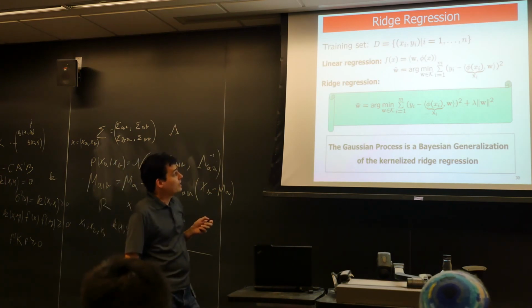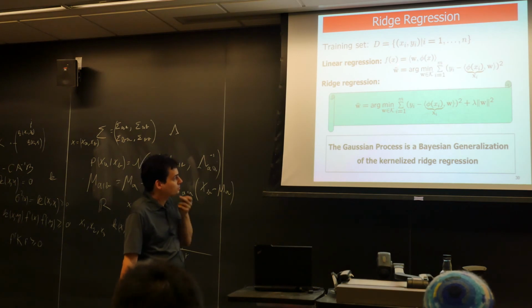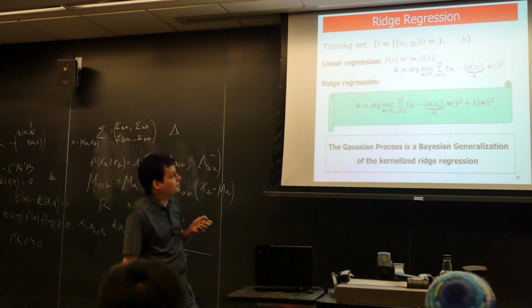So this is the notation. We have a training set D of x, y pairs, n pairs. And the linear regression, after some feature map on the input points x, is defined like this: an inner product between a weight vector w and the feature vector phi of x.